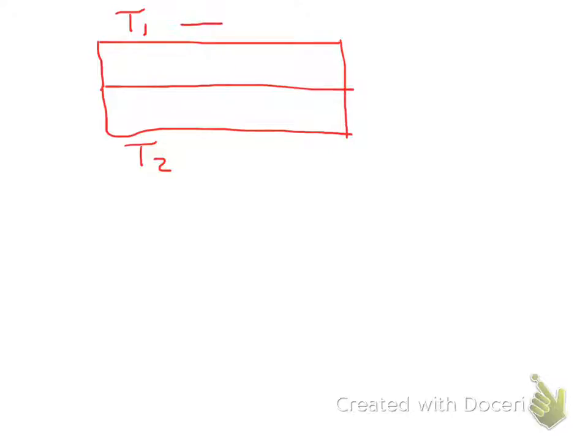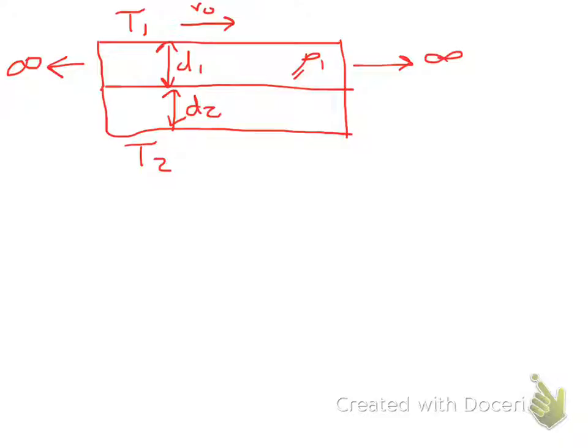There's a velocity going in this direction, using a certain thickness. And we said these are infinite slabs. Oh, and we said this one has a density 1, density 2.